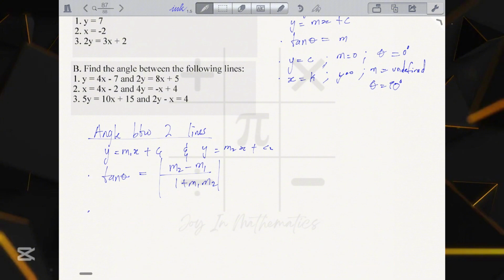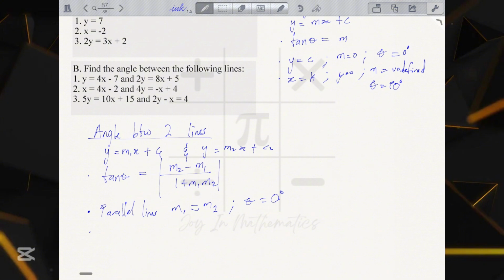And if you now have parallel lines, we know that the gradients or the slopes are equal. So m1 is equals to m2, and if m1 is equals to m2, theta is equals to 0 degrees.